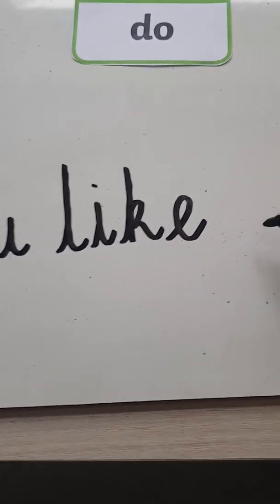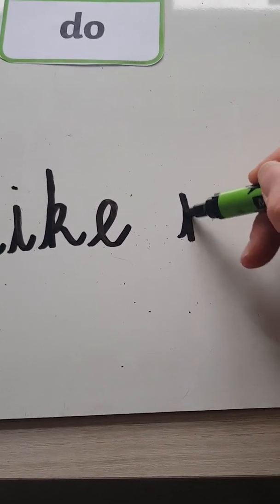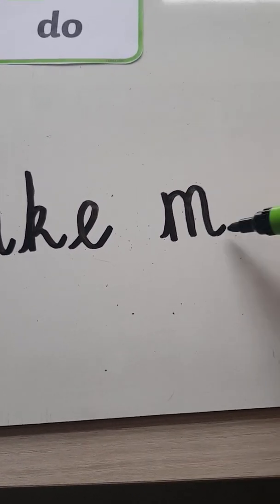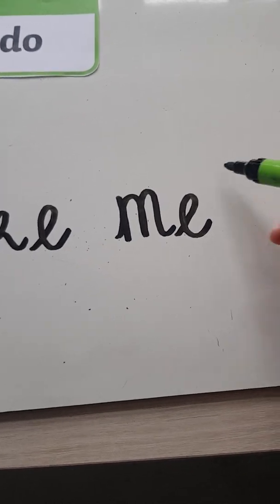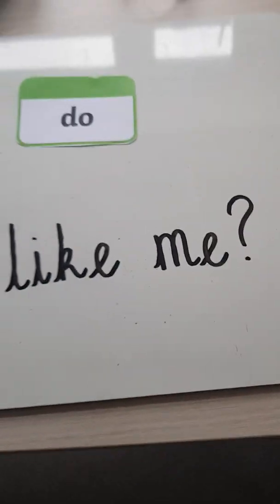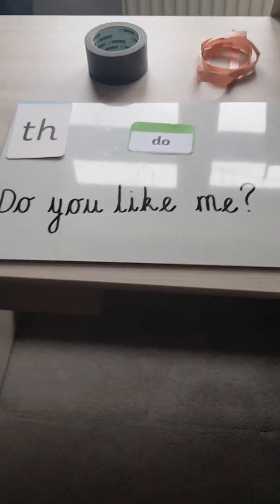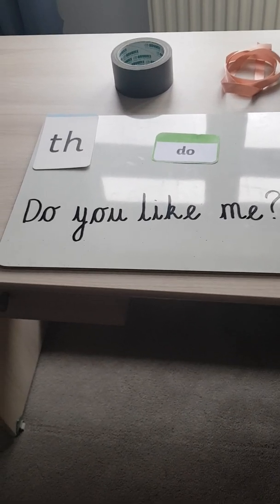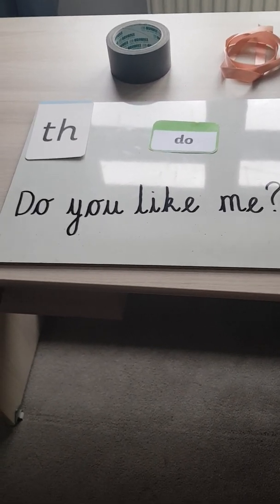Do you like me? Only the phase 3 words. Me. And then I said it needs to have a question mark on the end because it's a question. Do you like me? Brilliant. Well done, children. See you soon.